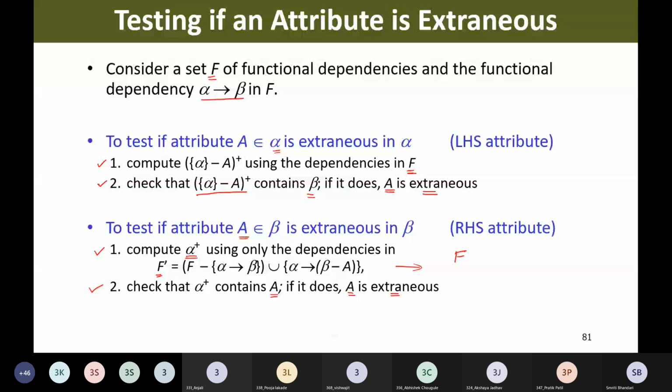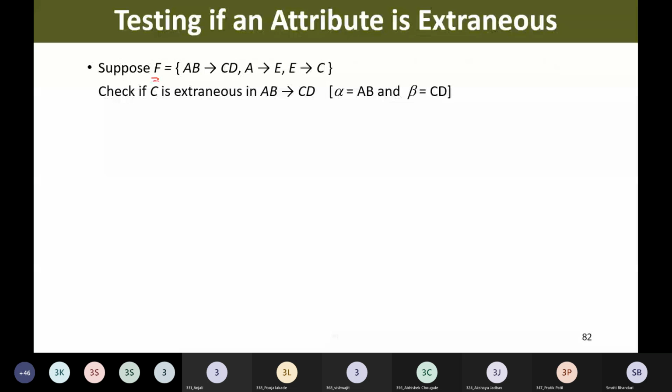So we need to check whether C is extra in the right hand side of the dependency AB to CD. Right? So here my alpha is AB and my beta, that is right hand side of the dependency, is CD. And we would like to check whether this C is extra in RHS. That we would like to test.